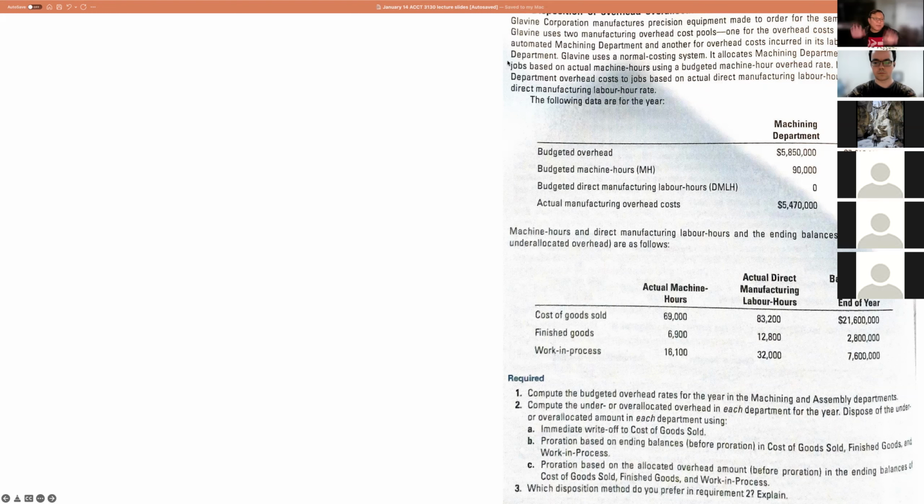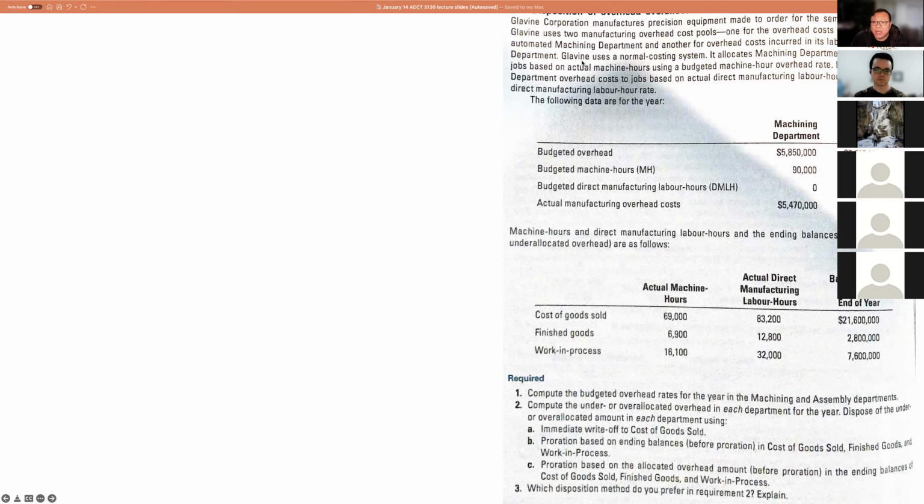So this company has two different divisions. One is the machinery department, the other one is assembly, right? What's the difference? The first one is mostly automated, so the machine hours is a good cost base, cost driver. For the assembly, it's very heavy in terms of human labor, so the labor hours would be a good cost driver, right?